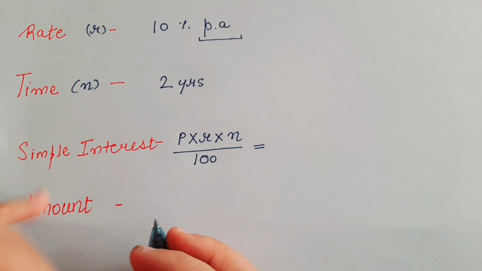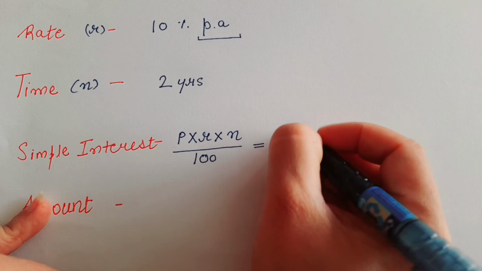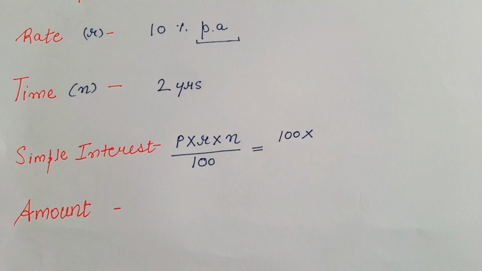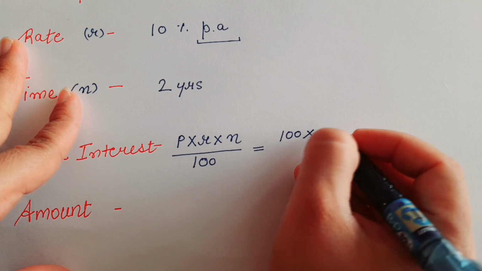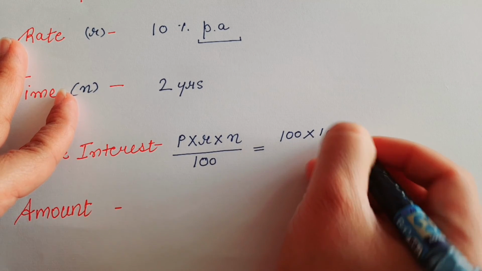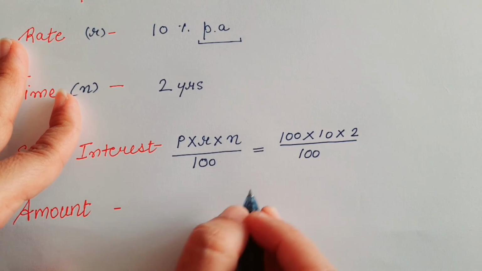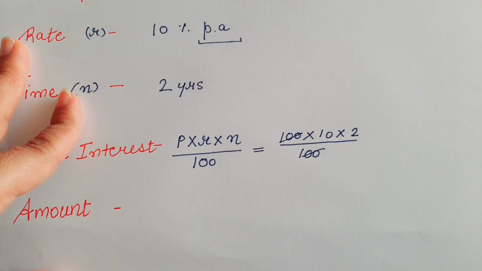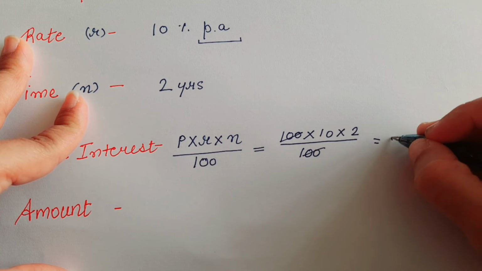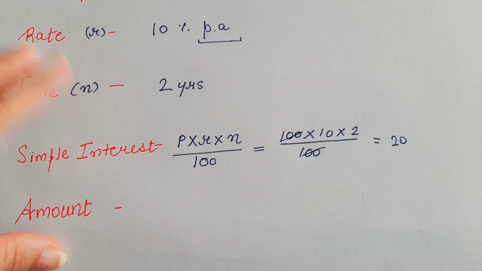So what is principal? Principal is 100 here, okay? Suppose you lend 1000 rupees, then you will write 1000 here, okay? Principal is 100, rate is 10, time is 2, upon 100, okay? So we calculate this and we get 20 rupees, okay?